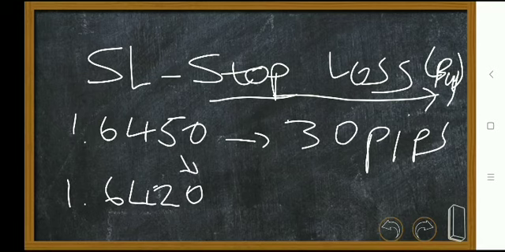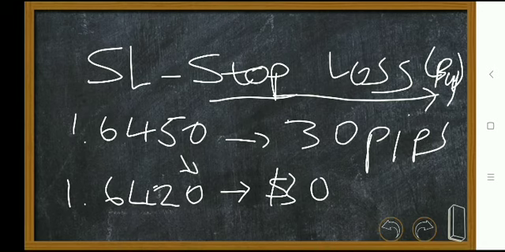So let's just say for this 30 pips, you went in with a lot size of 0.10. That means you'll lose around $30. The trade will close, and then your new balance will be $30 lesser than the one which you entered the trade with. So let's say you didn't put a stop loss, then price fell about 300 pips.